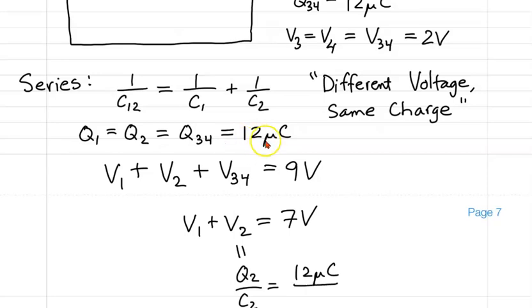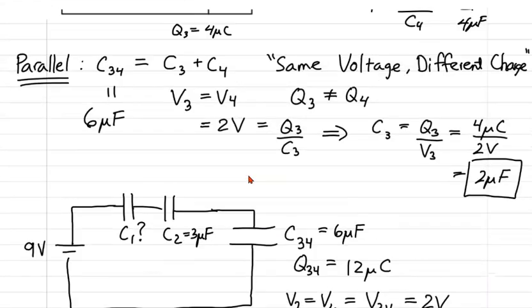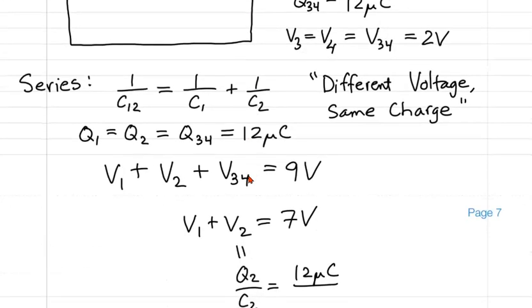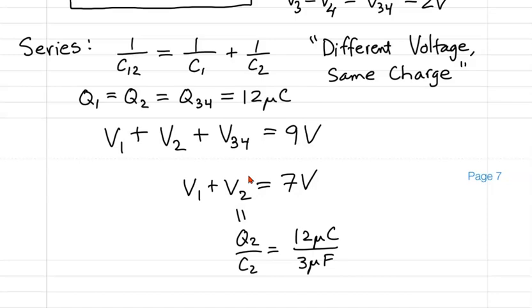C2 was given in the problem. It was 3 microfarads. So we can put 3 microfarads here. And don't worry about the units. They'll just cancel out. You don't have to convert to 10 to the minus 6. The micros will cancel out. And 12 divided by 3 is going to give you 4 volts.